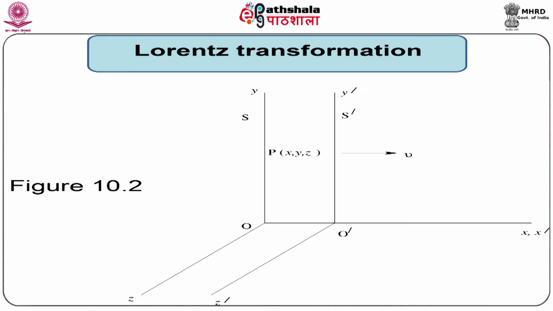Similarly, the z and z' axes are parallel. The S' frame is moving with uniform velocity v with respect to the fixed frame S. P is the position of the particle whose coordinates are given by x, y and z. Here a special type of coordinate system has been chosen, please note it.